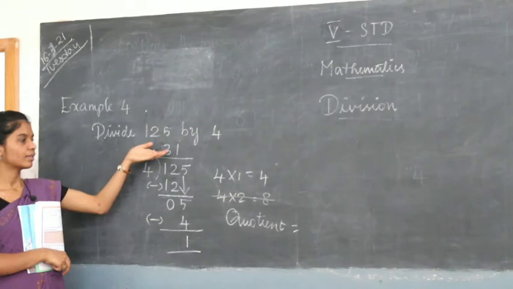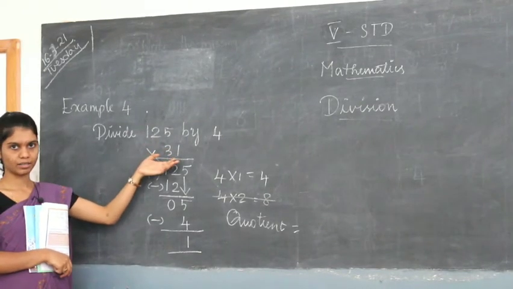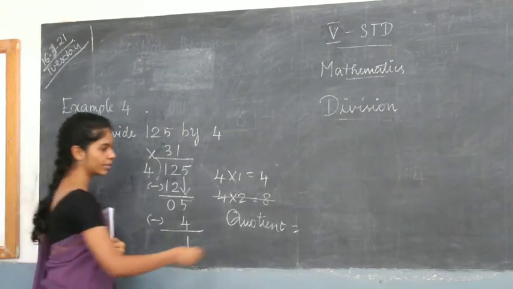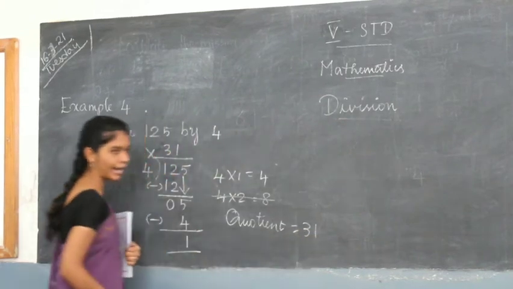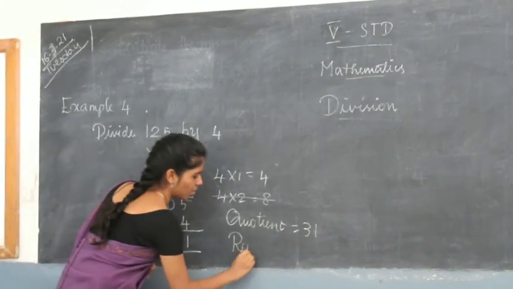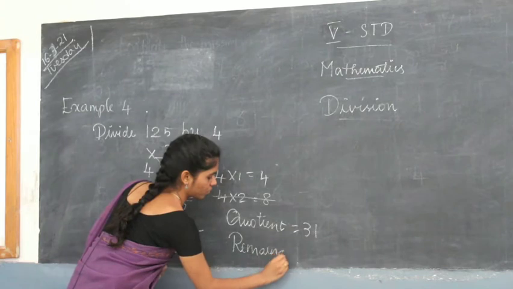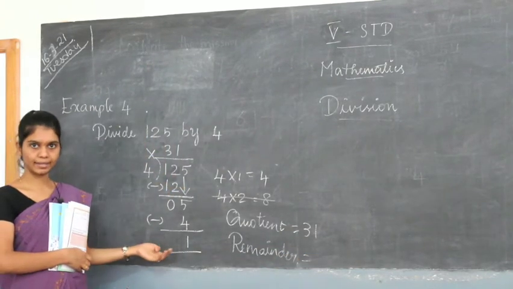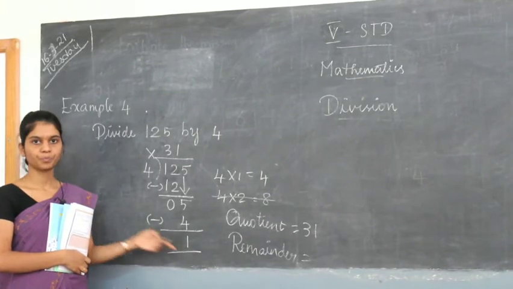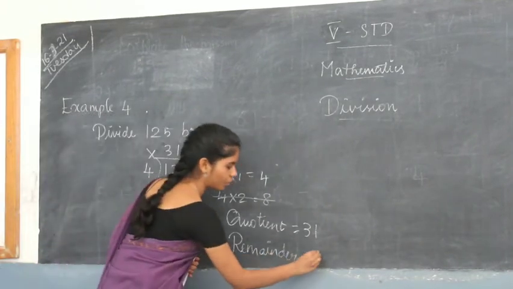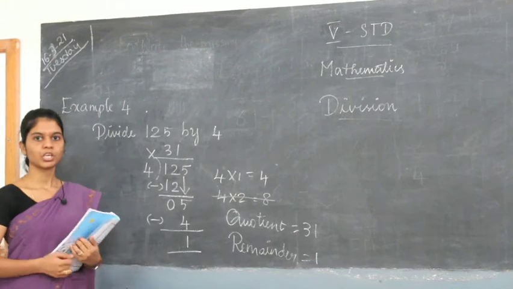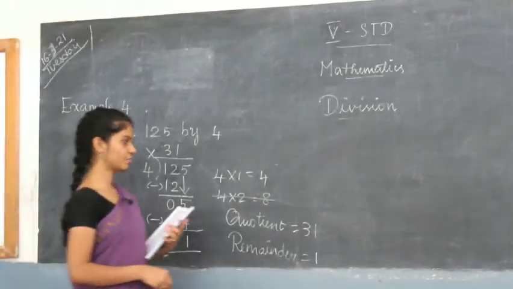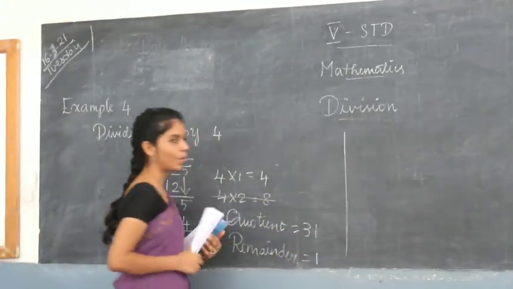Quotient is the top number which you will get, right? Here you have 31 and remainder is the number you will get at the end. Here you got 1. So your remainder will be 1. This is how you should solve a division of 3-digit number with 1-digit number.